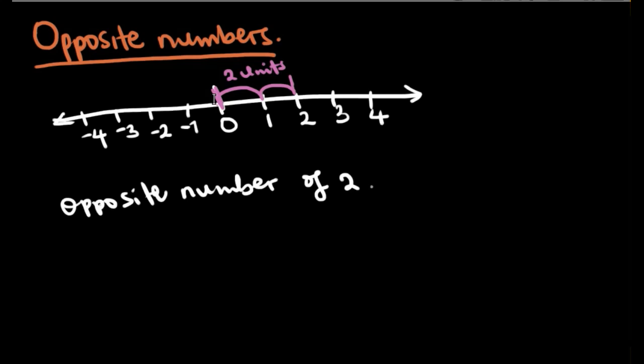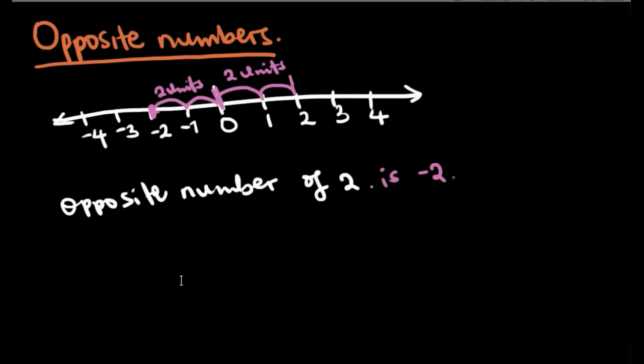Where will we be if we move 2 units? This is 1 and 2. At 2 units, we are standing at -2. Now, we say that -2 is the opposite number of 2. So, the opposite number of 2 is -2.